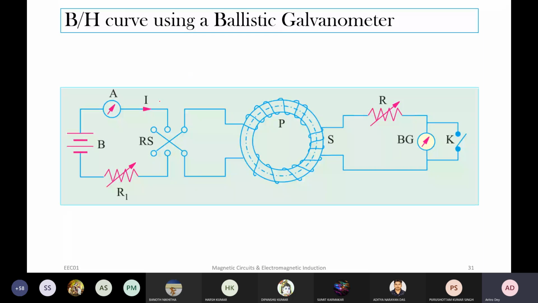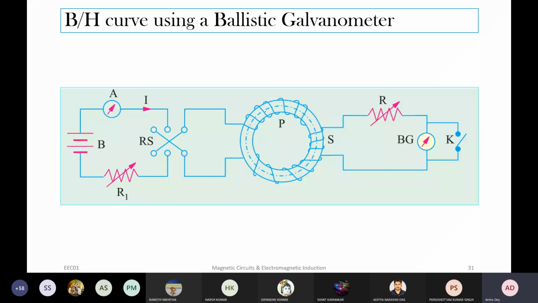You have a source. It's a DC source. You have an ammeter connected with it, and a reversible switch with which you can change the polarity, the direction of the current, and a rheostat through which you can change the magnitude of the current. And this coil is wound over a toroid.